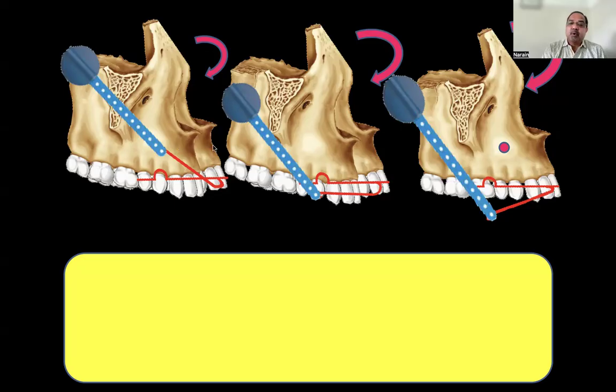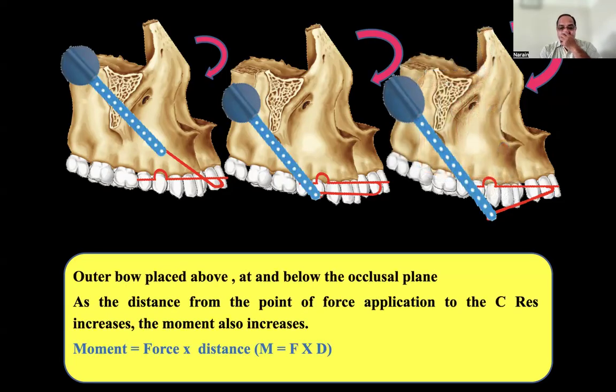So the moment generated keeps increasing. So supposing you want a large amount of moment, you want your headgear to be very effective, you need to travel more far away from the center of resistance. So that is force into distance. That's why the moment keeps increasing.